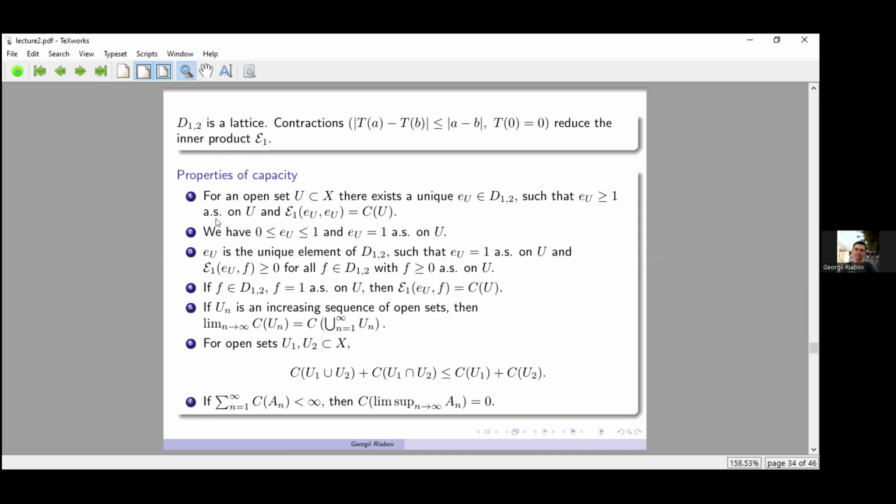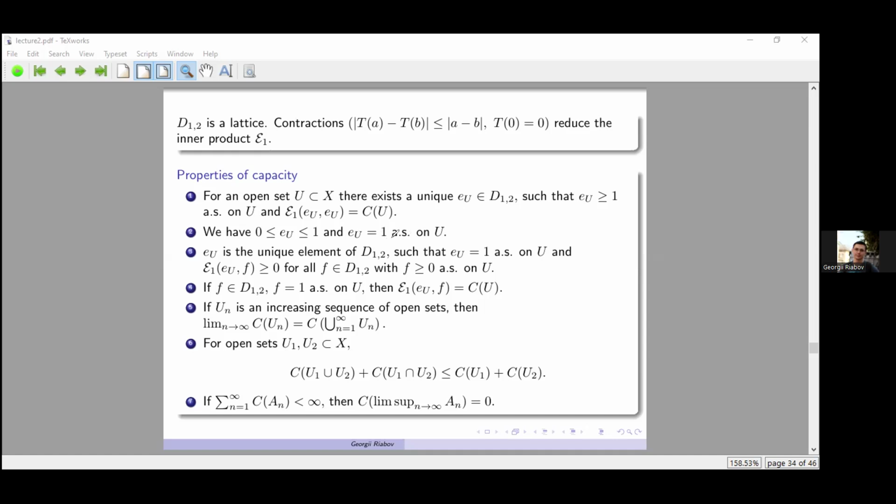In particular, the first property states that the capacity of an open set is attained on a unique function from the space D, such that this function is greater or equal to 1 on U. The function EU, which is also called the equilibrium potential of U, takes values between 0 and 1.